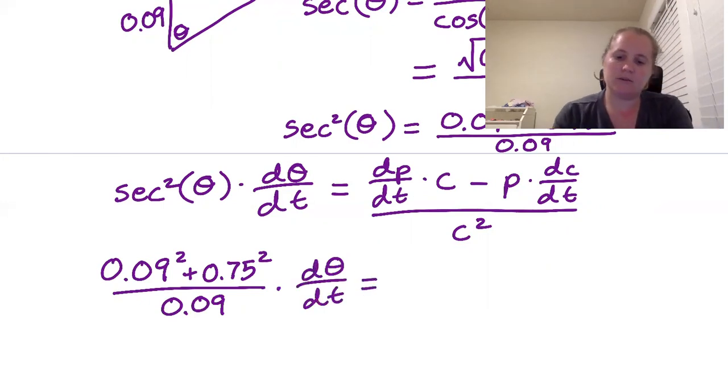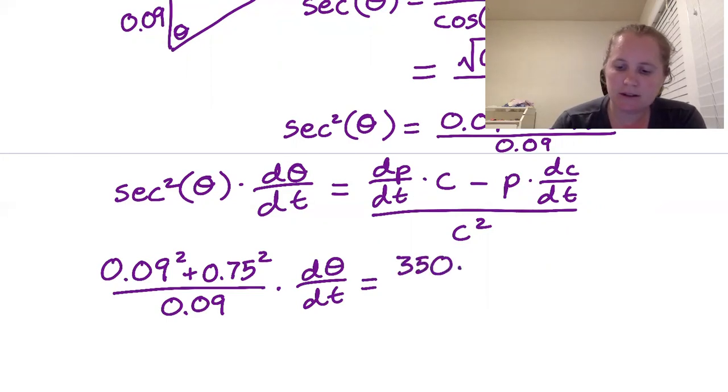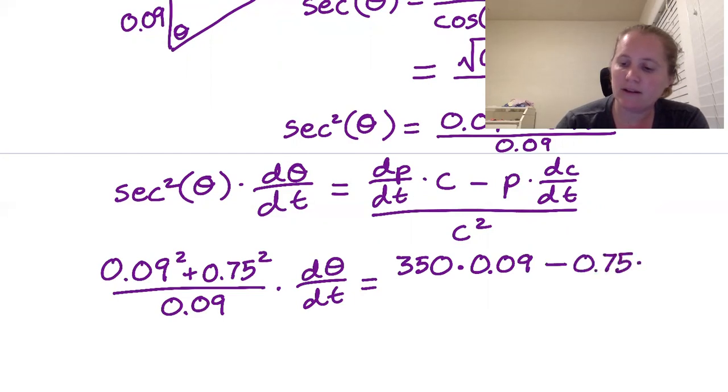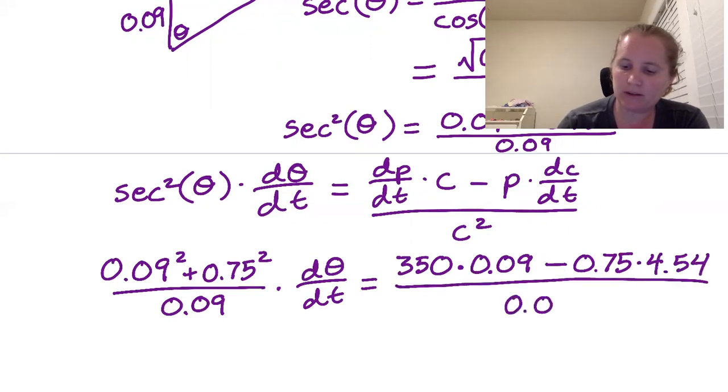And this is equal to dp dt, which was 350, times c, which is 0.09, minus p, which was 0.75, times 4.54, all divided by 0.09 squared.